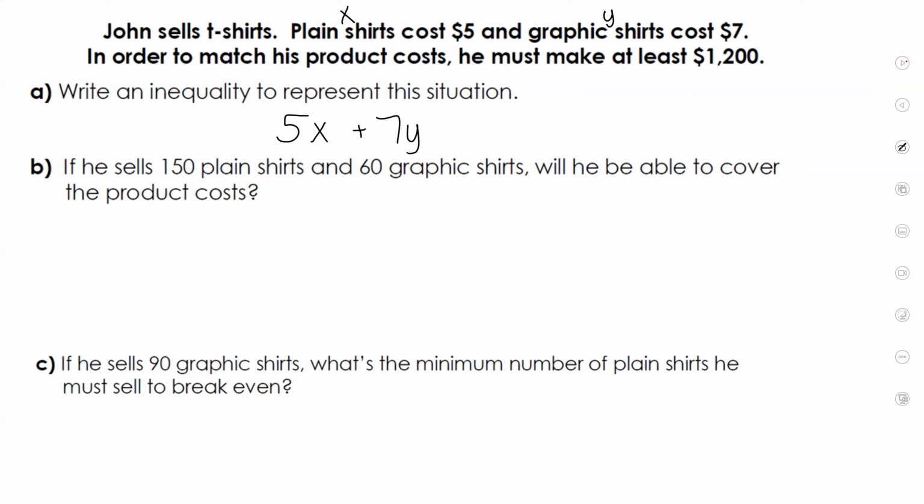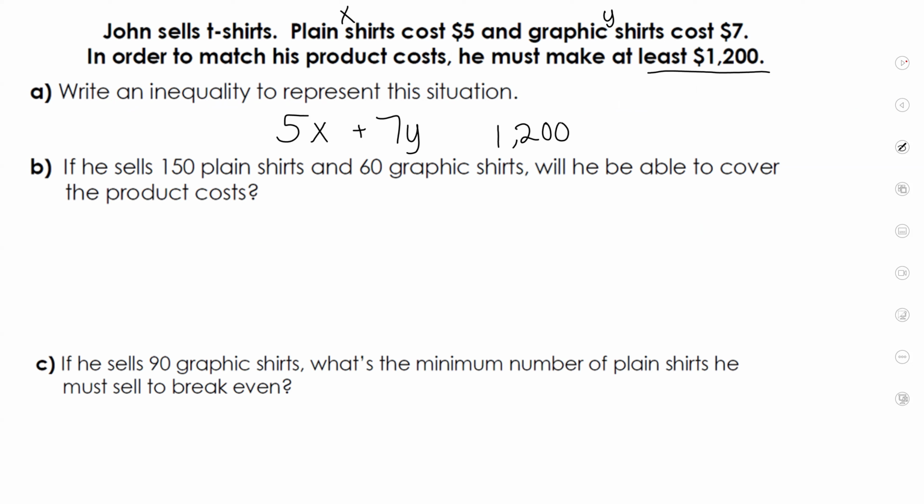In order to match his product costs, he must make at least $1,200. This is his goal. Now, would he like to make more than that though? Wouldn't he like to make more money? That's just his goal.